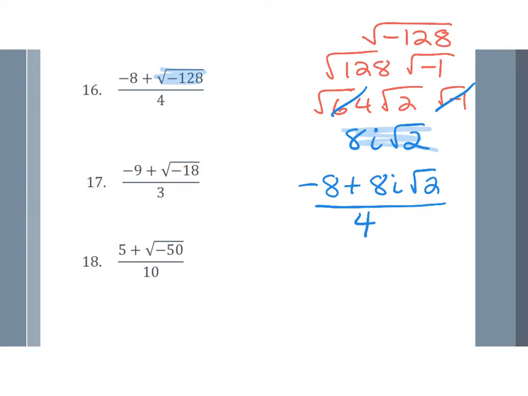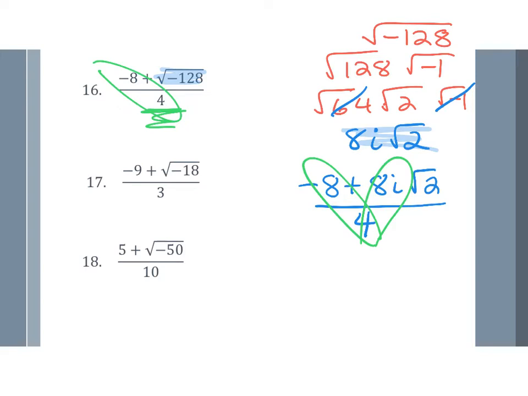Now, common mistakes, everybody pay attention to this because people are going to do this on the test and the quiz, is right away people think they can simplify just the -8 and the 4. You need to remember that this 4 in the denominator needs to be able to simplify with both terms on either side of that plus sign. So you need to wait until after you break down the radical before you try to simplify.